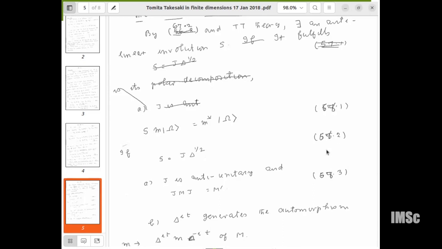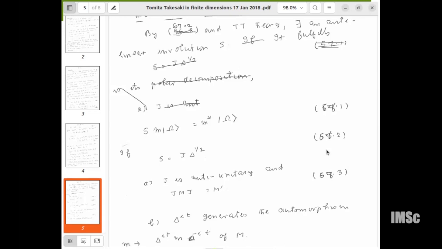Delta is a positive operator, which I will define for you. And you write S in the form J times the square root of delta. You can do all this in finite dimensions. Then in infinite dimensions, you can do it under the standard assumptions of quantum field theory. So you can write it fearlessly for local algebras. But if you want to prove things, there is some technicality which I will set aside for a moment.